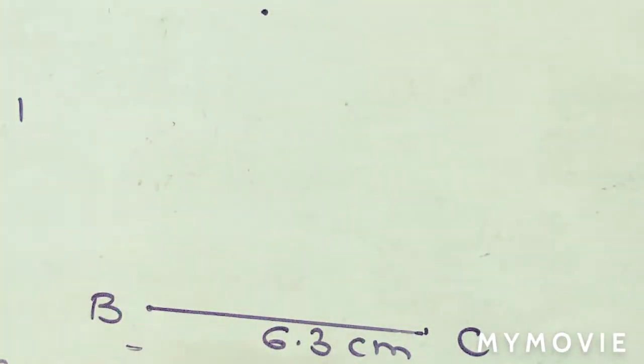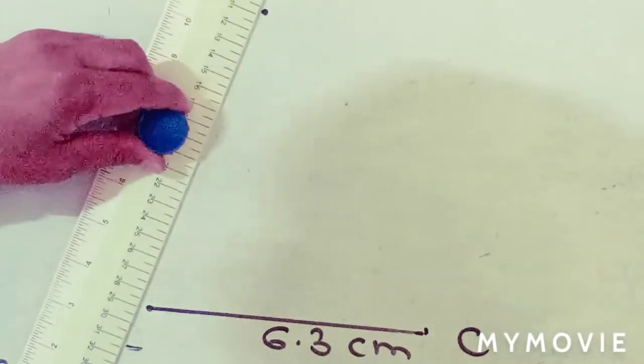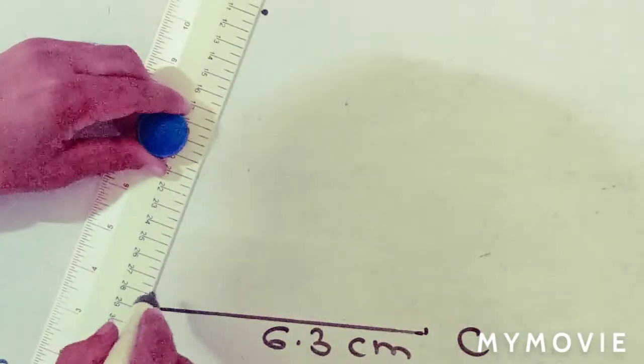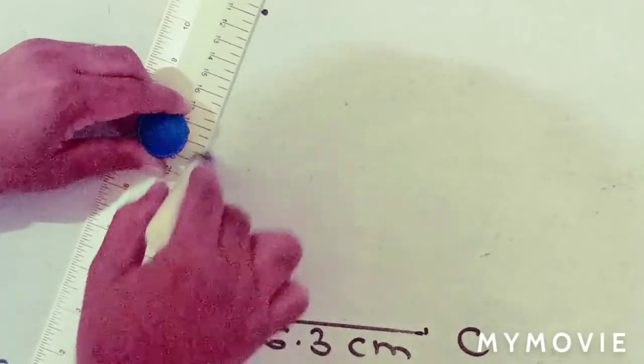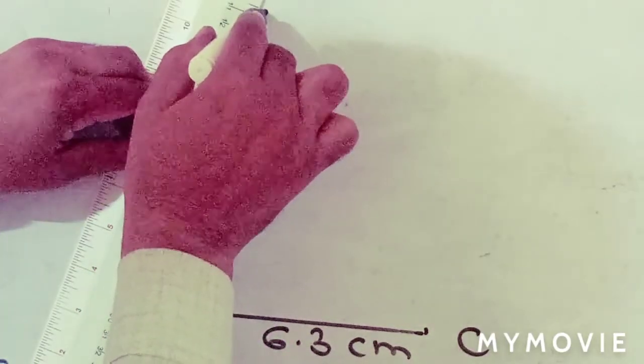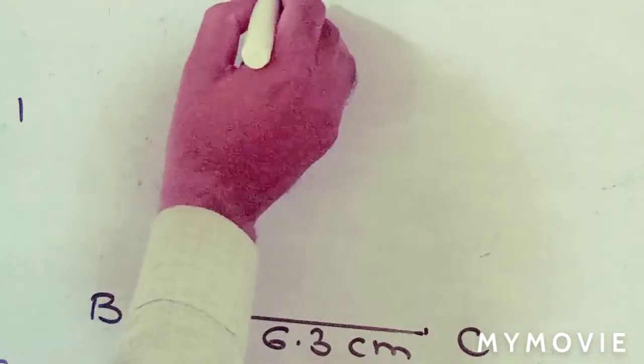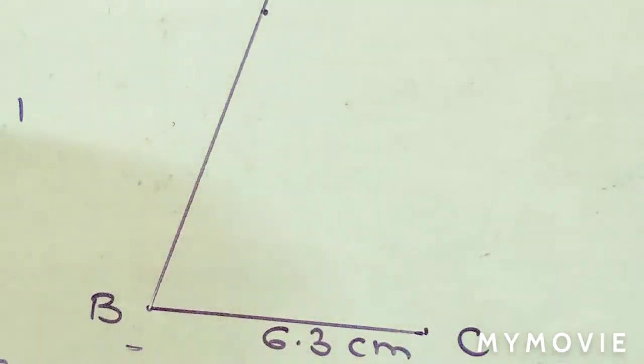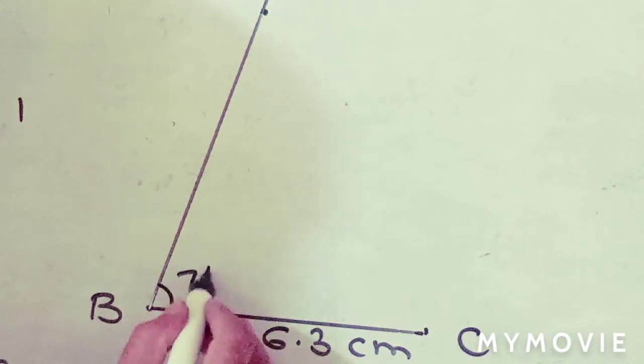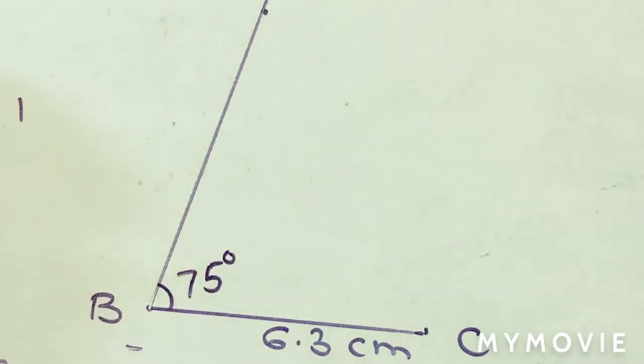After plotting the point at 75, draw a line or ray by using a scale. This is the ray, and angle B is 75 degree. Here you write down 75 degree.